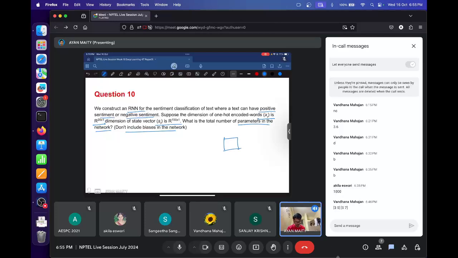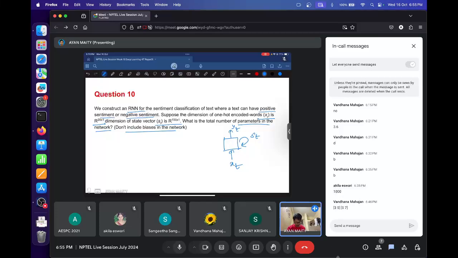So if this is the RNN unit, this is the input xt, this is the output yt, and this is the state variable which goes back into the RNN unit.